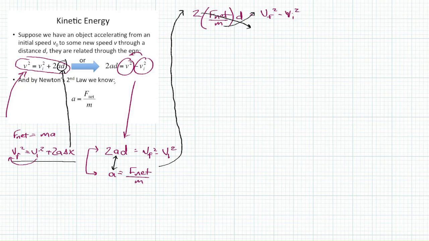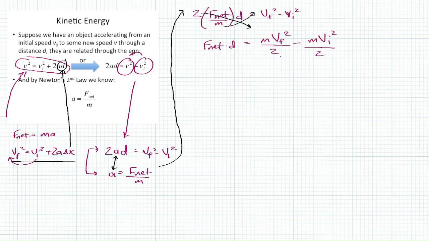So really, we're going to be left with this: F net times our distance equals m vf squared over 2 minus m vi squared over 2, right?